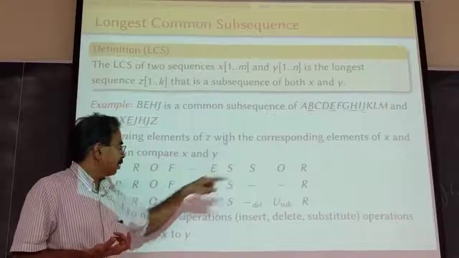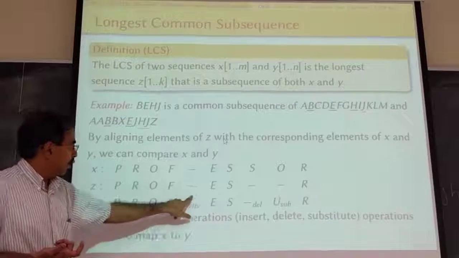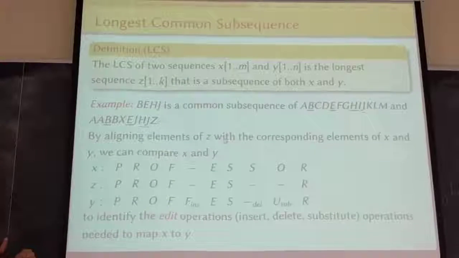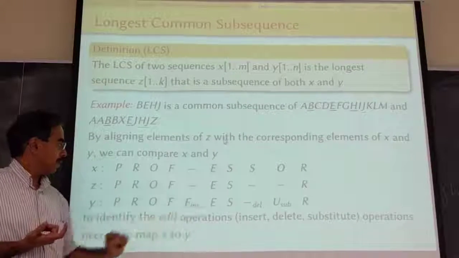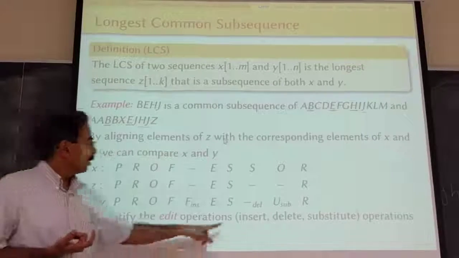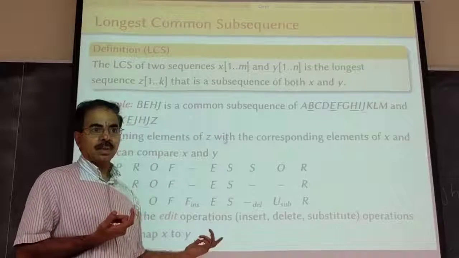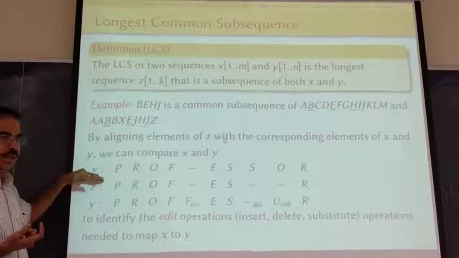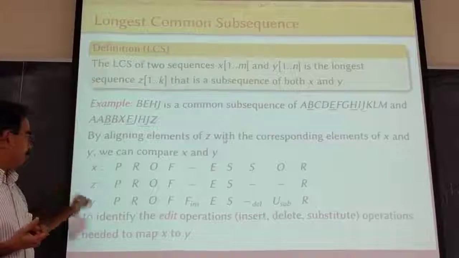This is X and this is Y, and you can see that a new character that was not in the original X has been inserted into Y, so we call it an insertion. And here, a character that was in X is no longer here, so we talk about that as a deletion. Insertion and deletion are with respect to X, the first string.